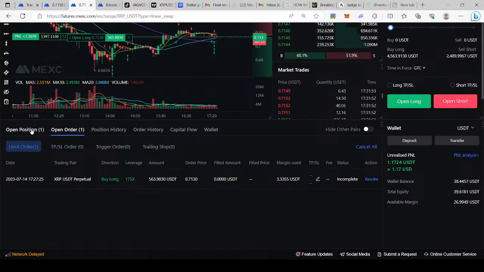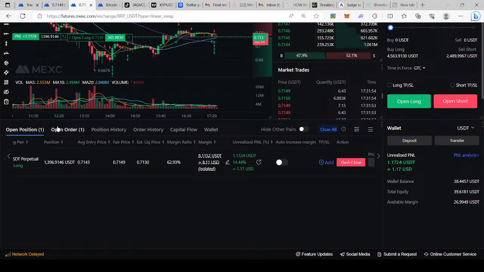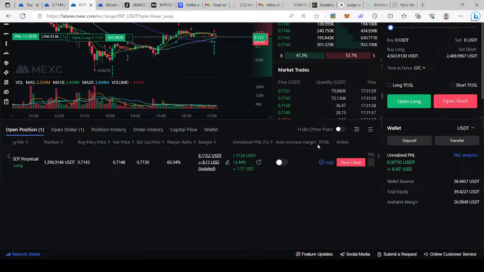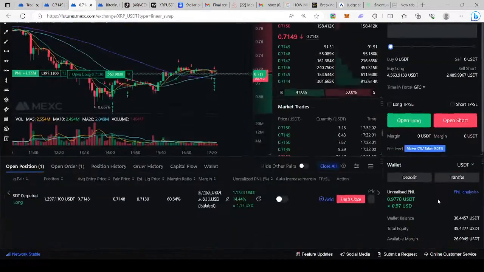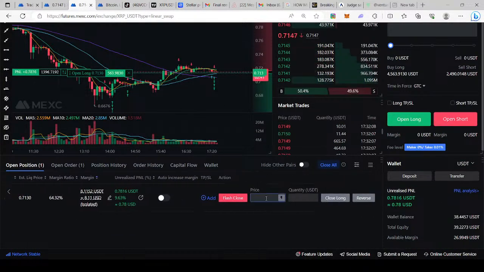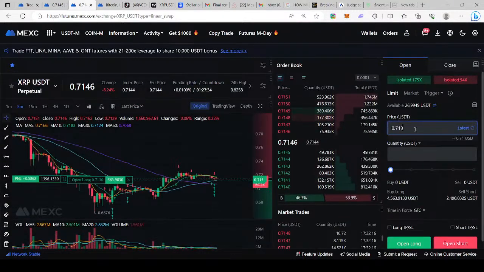Let's see here. Open order. 71.30, right? So I'm going to get a little more greedy there. I'm going to set an open order here. We have a 71.30, so I'm going to put 71.25, and that'll be a little bit more of an order there.